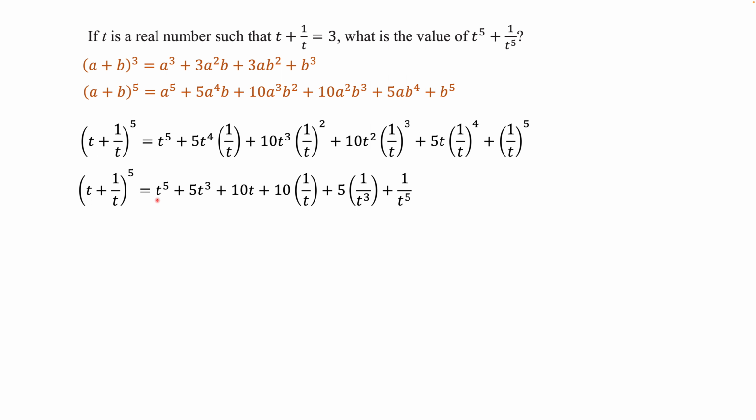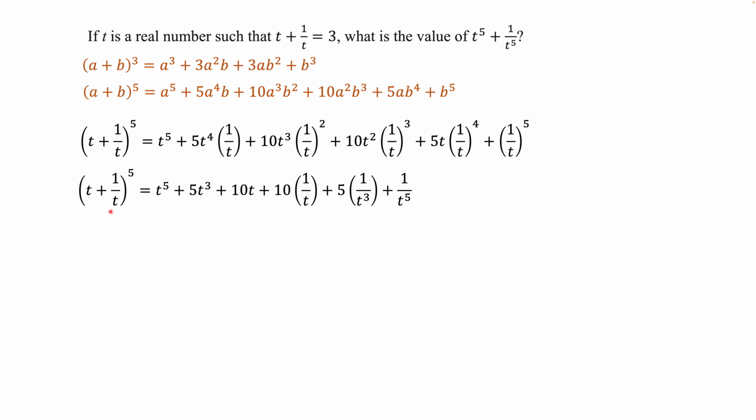If you look, the coefficient of 1 is t to the 5th plus 1 over t to the 5th. I know, but that's something I need to find. Now, the term with 5 is t cubed plus 1 over t cubed. The term with 10 is t plus 1 over t, and that I know, it's 3.